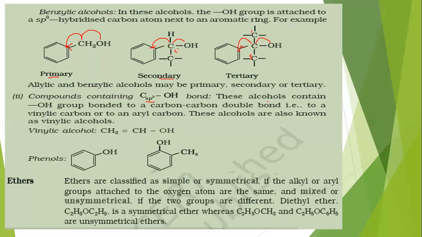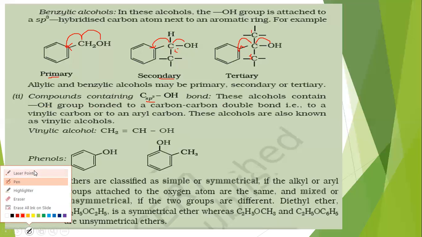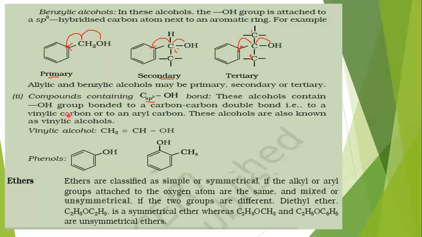These alcohols contain an OH group bonded to, let me take a laser, an OH group bonded to a carbon-carbon double bond, that is, to a vinylic carbon or to an aryl carbon. These alcohols are also known as vinylic alcohols.